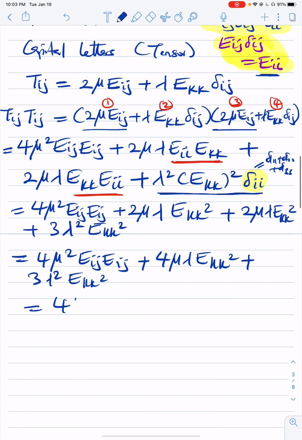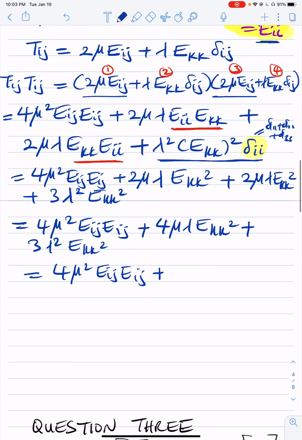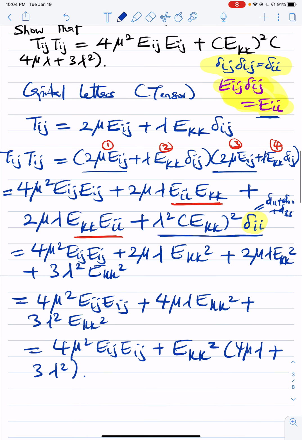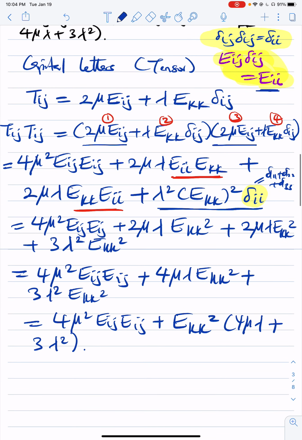So 4 mu squared eij plus, if you take out the ekk squared, you are left with 4 mu lambda plus 3 lambda squared, and that's exactly what we have on top.